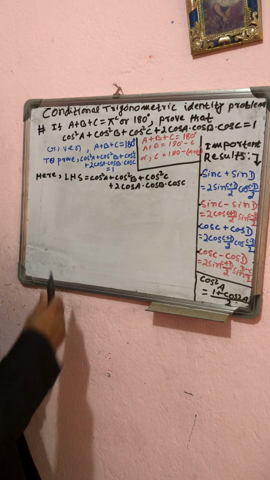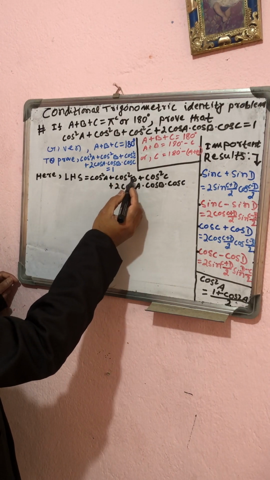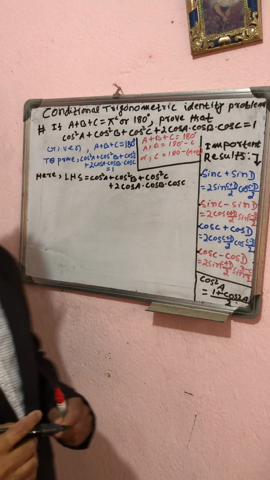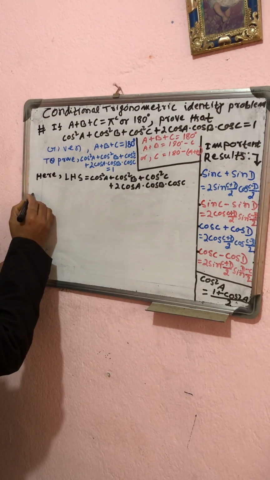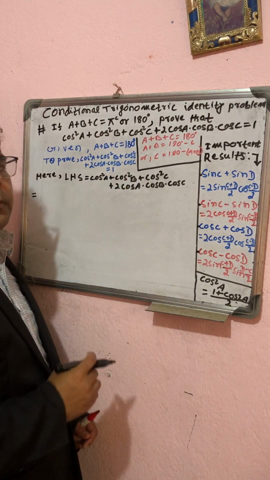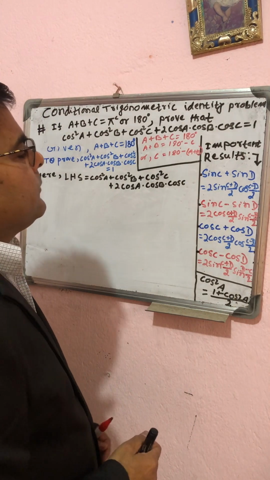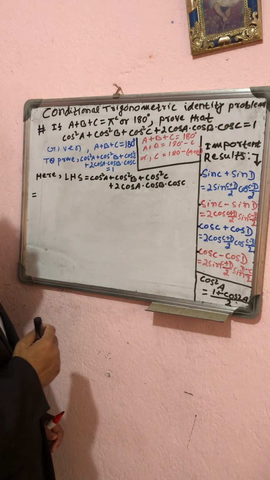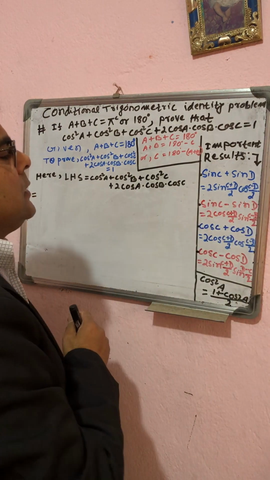So let's start the proof here. We have this expression in the LHS, and in the RHS you have to prove it as 1. Before you go through this sort of problem, you should have knowledge of these formulas. You know that sin c plus sin d equals 2 sin of (c plus d) cos of (c minus d).